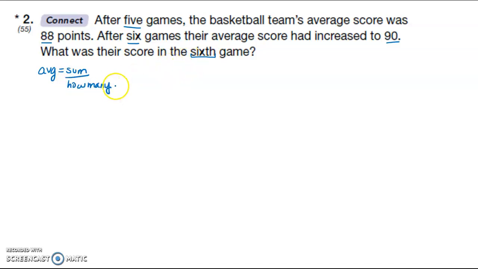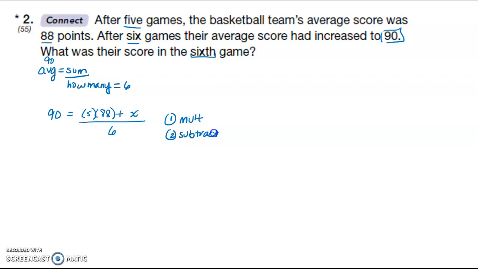Okay, so here I know that my how many is 6, and my average is going to be 90. So I have 90 is equal to, I'm not ready for the sum yet, over 6. So the sum after 5 games is 5 times 88, plus x. I don't know what that is. The first thing you're going to do is multiply, and then you're going to subtract. So I'm going to multiply 6 times 90, and I get 540.